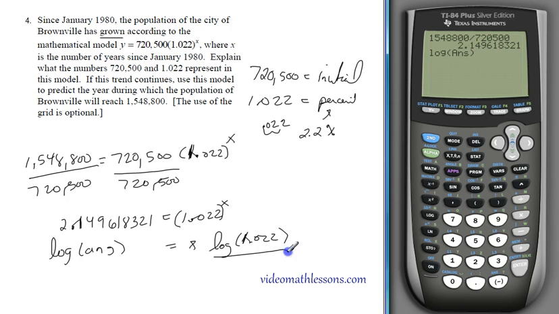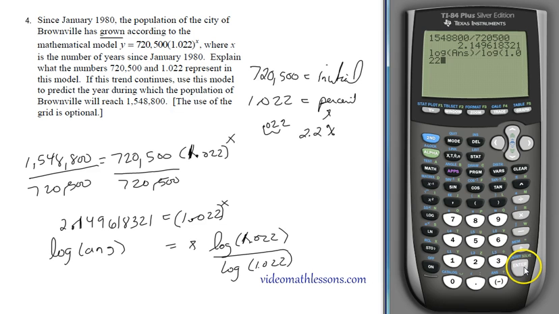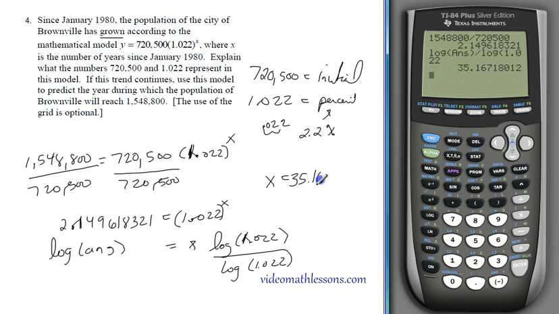So now I just got to divide by this log 1.022. Divide by log 1.022. Hit enter, and it says x equals 35.167 and a bunch of decimals.